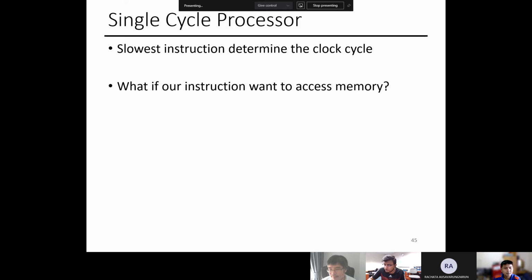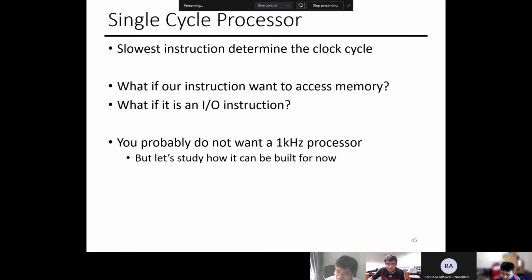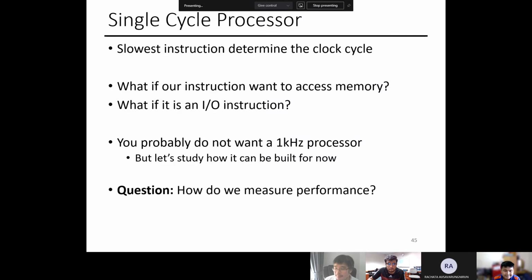This is basically why the thing can be slow. If you need to access DRAM, it's going to take a lot of time. If you need to access the disk, it's going to take even more time. This is milliseconds, rather than microseconds, rather than nanoseconds for register access latency. And you probably don't want to end up with a 1 kilohertz processor. But let's study how this can be built for now.